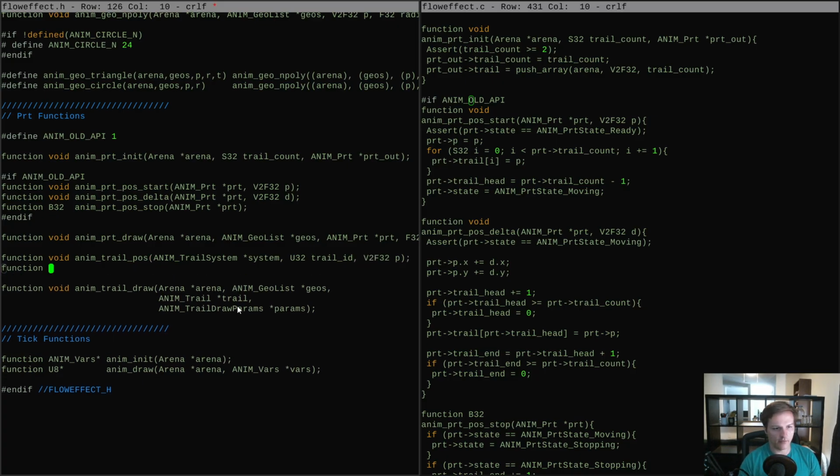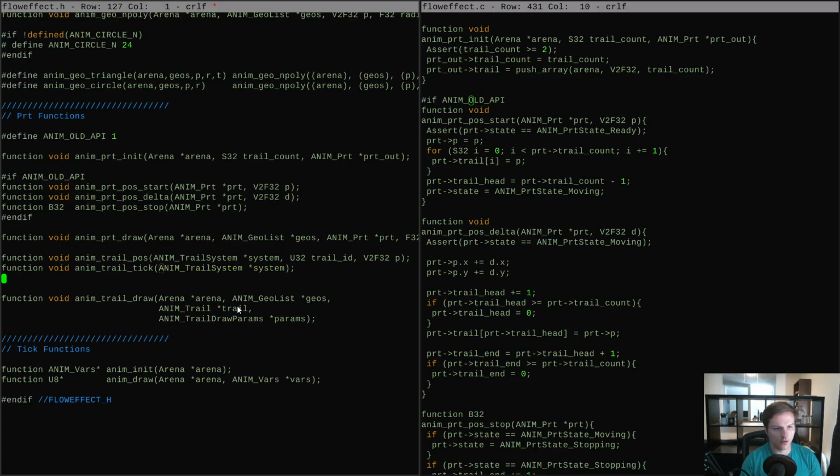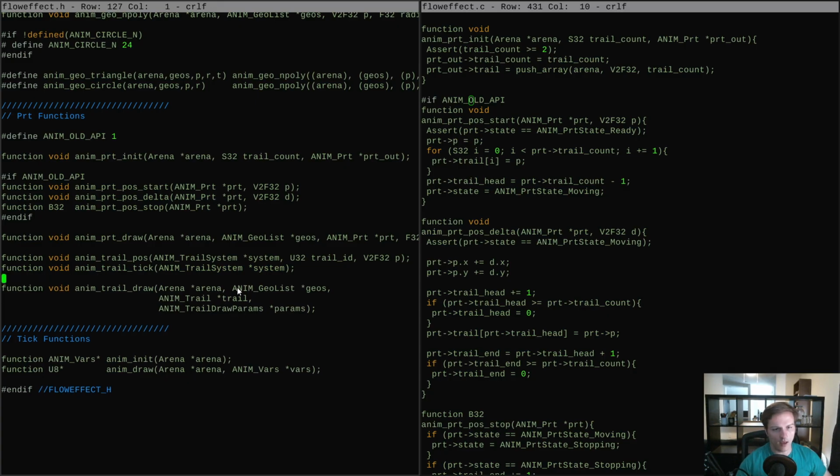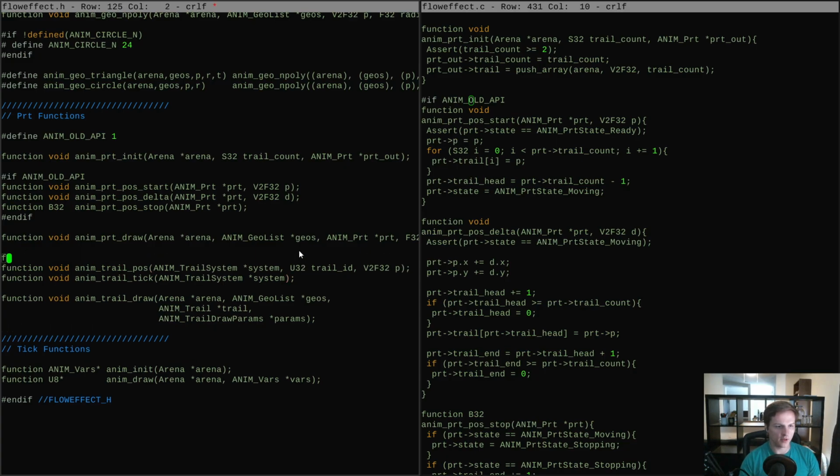And then we would have anim trail tick and anim, right? And so the idea here is this is keeping a set of data structures for trails, and so we would want something like this.